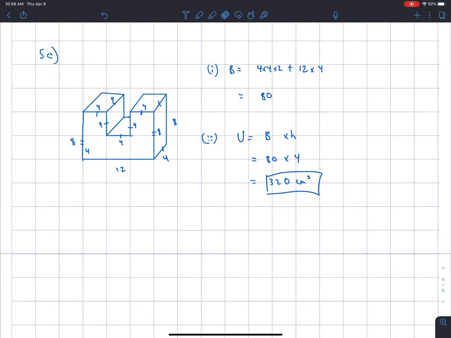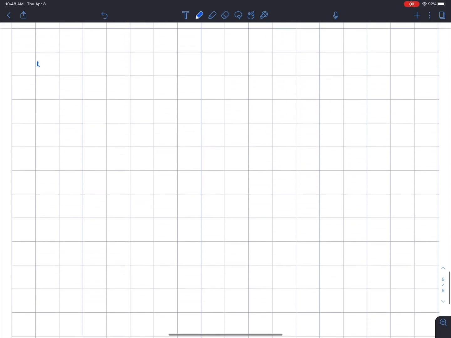Okay, moving on to 5F. So this will be the base area.